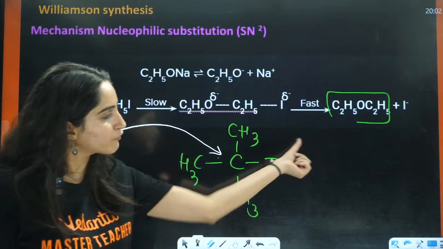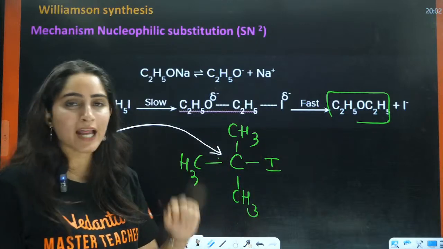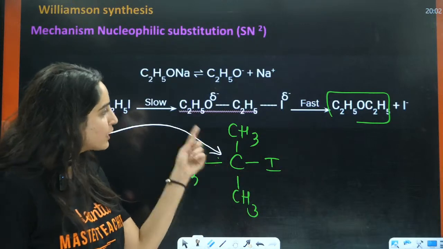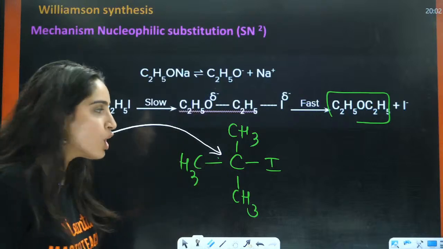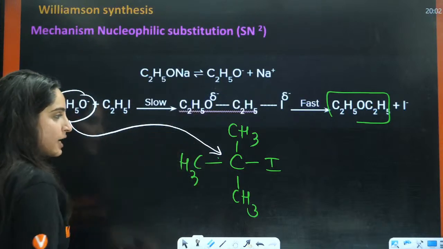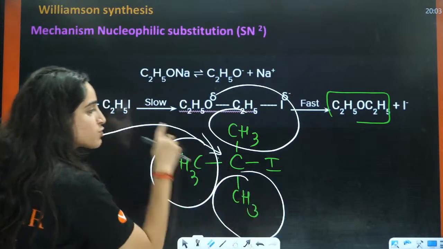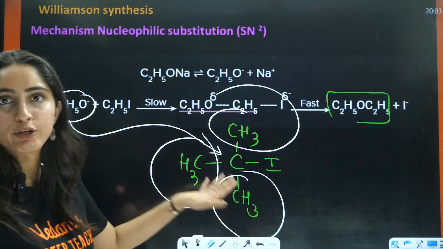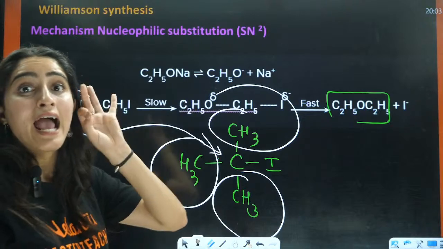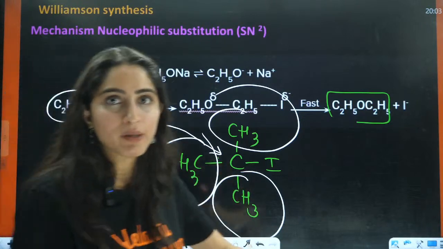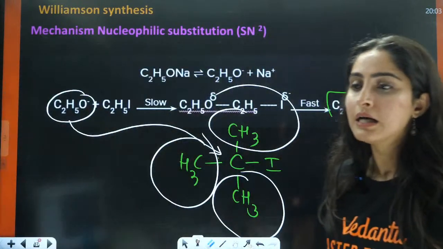It cannot attack from this side. Why can it not attack from this side? Because from this side only this transition will happen, no? So that is why it has to attack from this side. But because of big methyl groups here, it is very difficult for this alkoxide to attack. That is why your alkyl halide should be primary, not secondary or tertiary, right?